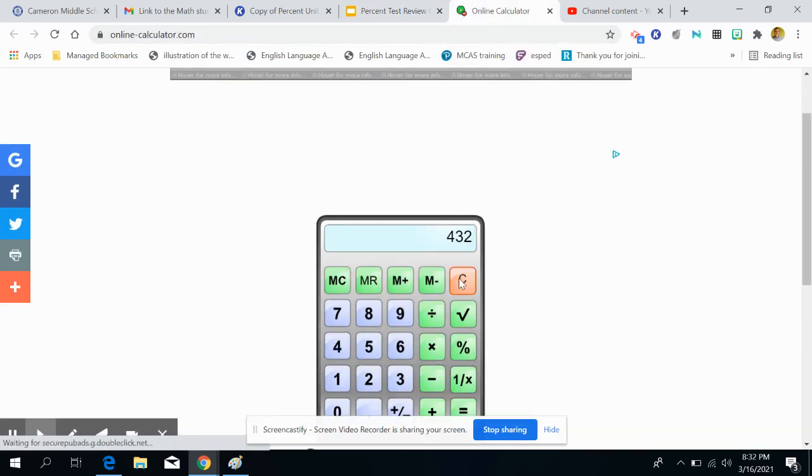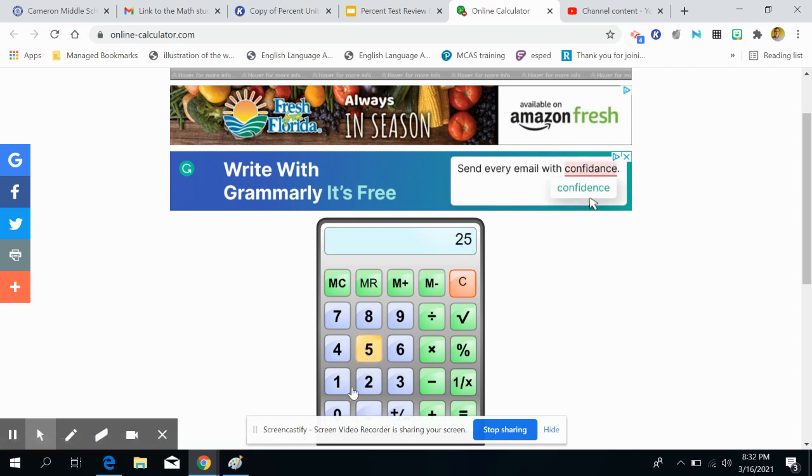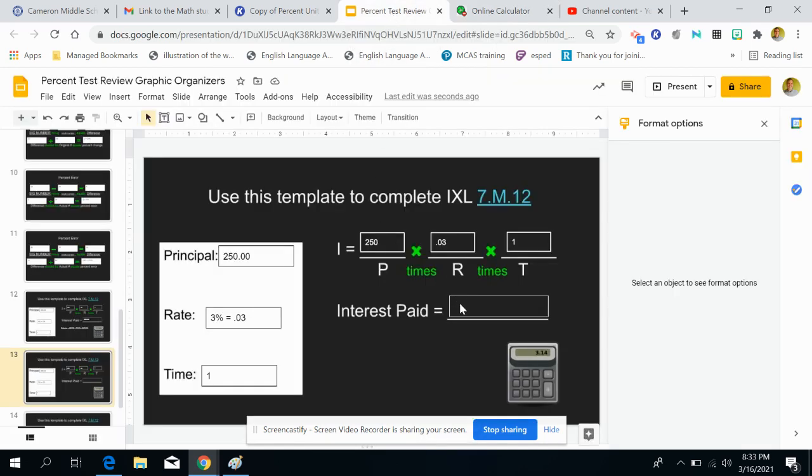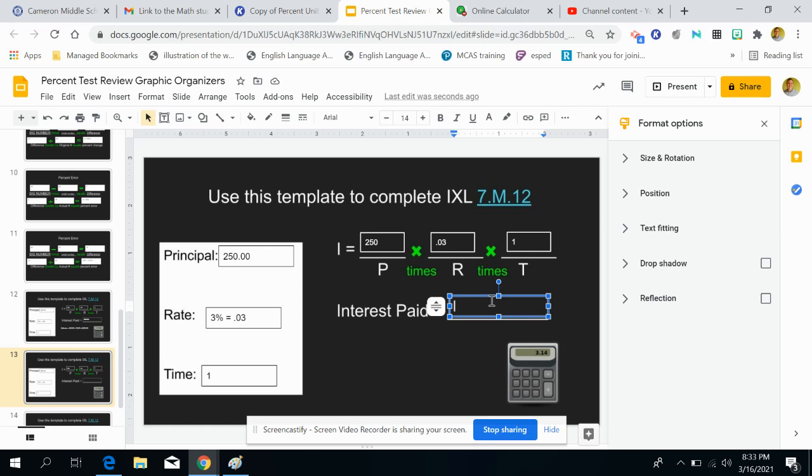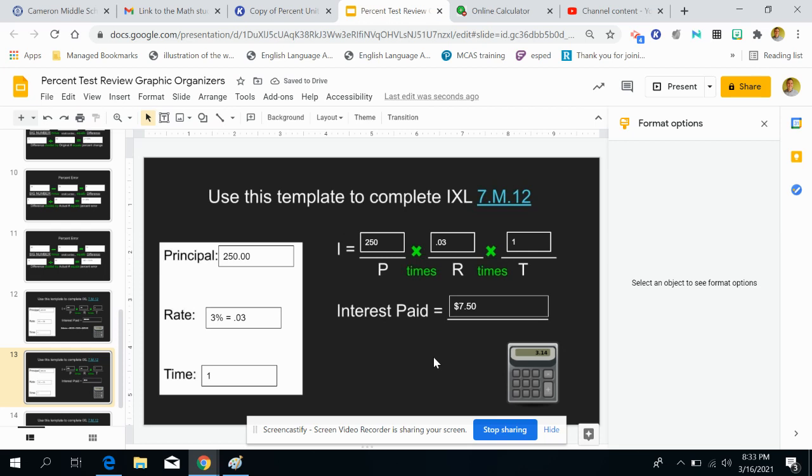So let's use our calculator. 250 times 0.03 times 1 equals 7.5. So the interest paid is $7.5, but that's not how we usually talk about money. We would say that we have $7.50. So that's the interest that I paid.